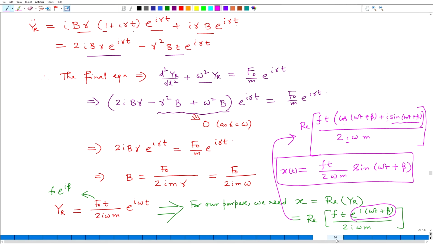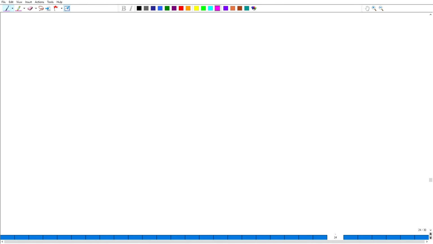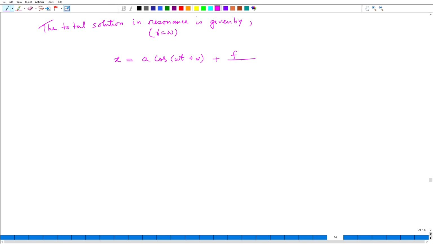The total solution in resonance is given by, so I just write, in resonance means gamma is equal to omega, x is equal to a cos omega t plus alpha plus f by 2 m omega times t sine omega t plus beta.